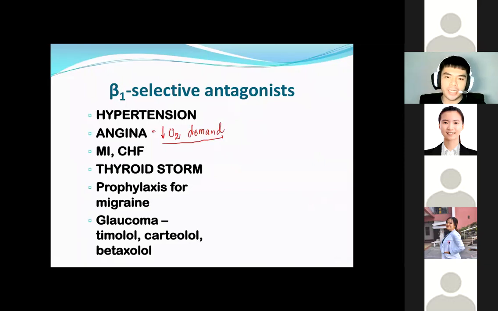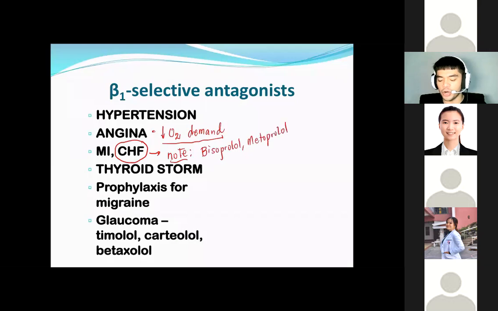Next, these drugs can also be used for congestive heart failure, but take note, in general, beta blockers are contraindicated to heart failure patients. Pero meron tayong 4 na exceptions. Okay? Sila lang. So dapat makabisan nyo sino-sino sila. These beta blockers are bisoprolol, metoprolol.